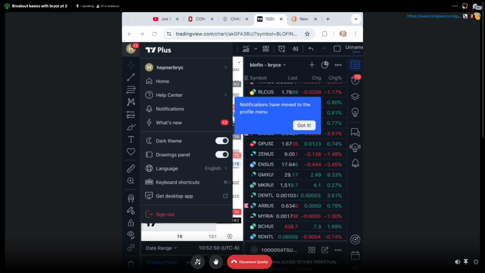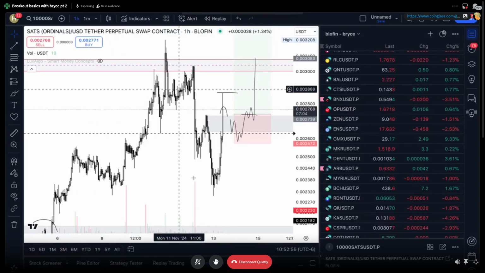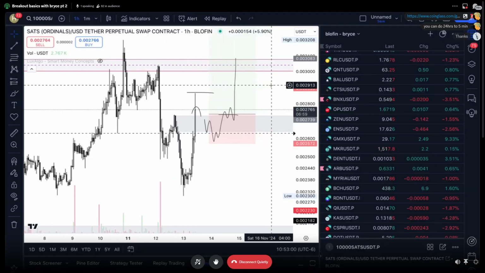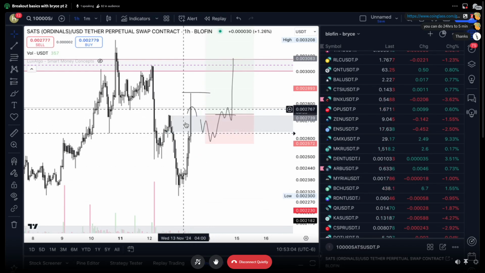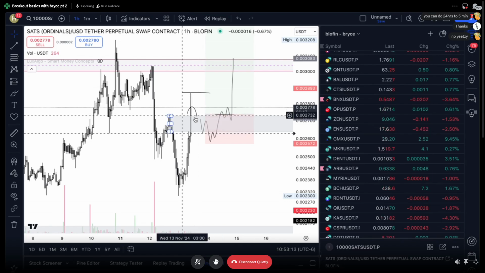What's the difference between reclaim and retest? A reclaim would be, let's say this hourly closes below. Then we haven't reclaimed; the reclaim is not valid.